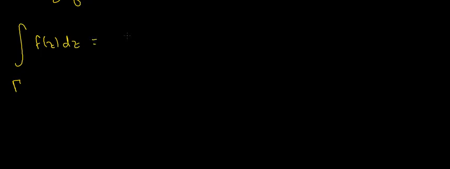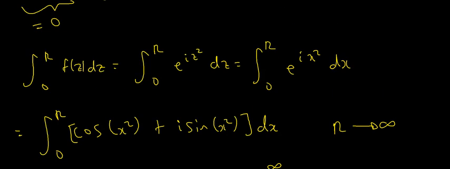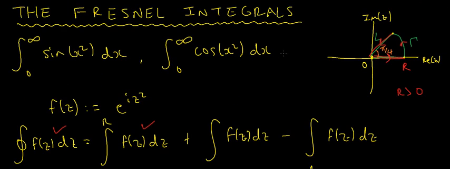Well, I've got the integral over gamma of f of z, which is by definition e to the i z squared dz, and I'm going to use a substitution here. So I need to think about what sort of substitution I could make. Well, this traces out part of a circle which is going to have equation r e to the it, and t is going to vary from t equals 0 to t equals pi over 4.